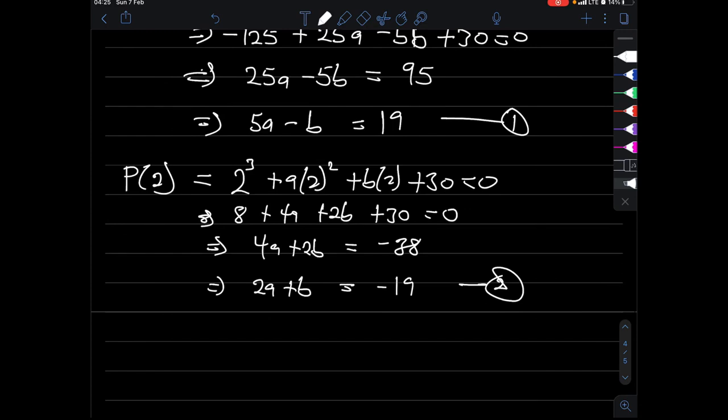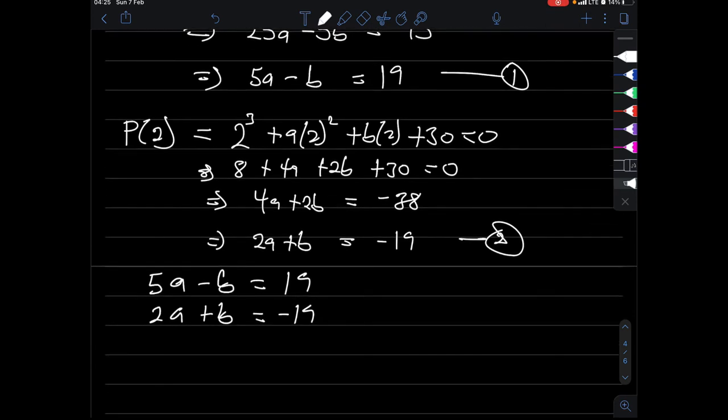So you have equation 1 and equation 2. Let me write both equations down here. This is for equation 1, and you have 2a plus b equals negative 19, equation 2. It will be easier for you to add the two equations up, because that will give you an opportunity to eliminate the b's. When I add them up, what I do have is 7a is equal to 0.